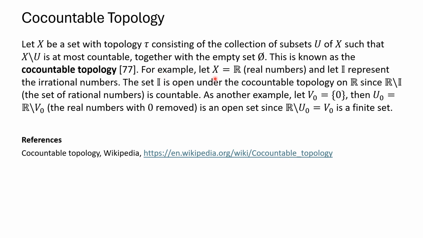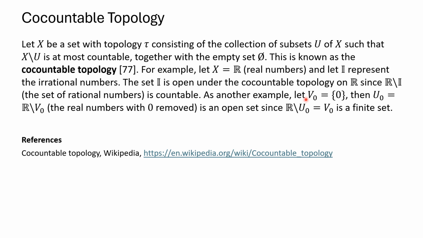So for example, if we take our set X to be the real numbers, and we let I represent the irrational numbers, the set I is open under the co-countable topology on R, since the complement of I is countable, right? The complement of the irrationals is the rational numbers, and that's countable. Let's take another example.